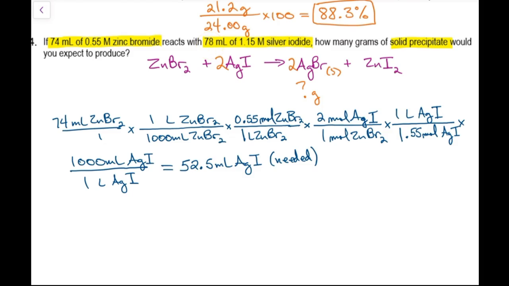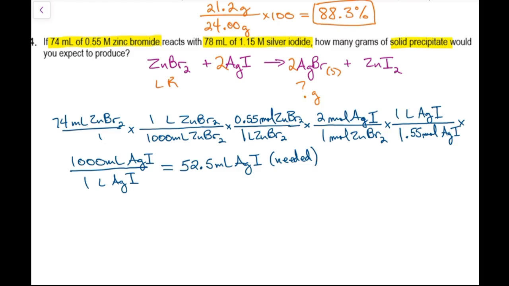So I have to go to a similar unit, milliliters of silver iodide. So at any rate, I get 52.5 milliliters needed, but I have 78. So I need less than I have, or I have more than I need, so that's my excess. So therefore my limiting reactant would be the zinc bromide.